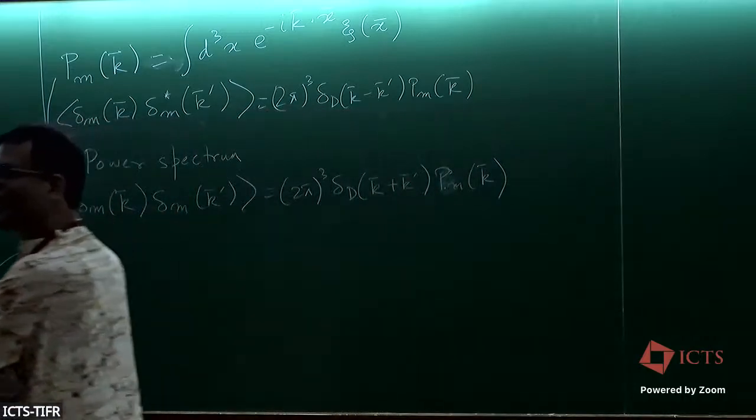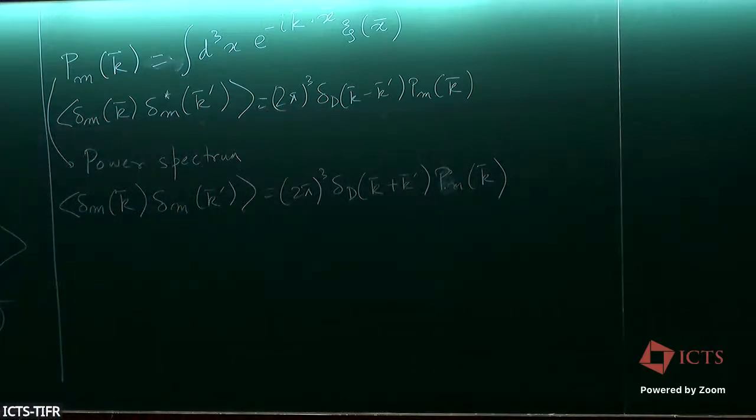Can somebody tell me what is the dimensions of power spectrum? So then what is the dimension of that quantity? Okay, let us take a step back. What is the dimension of correlation function? Convinced, it is dimensionless, just like density contrast is dimensionless.